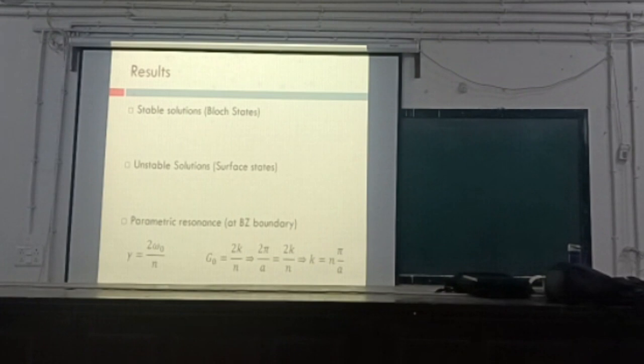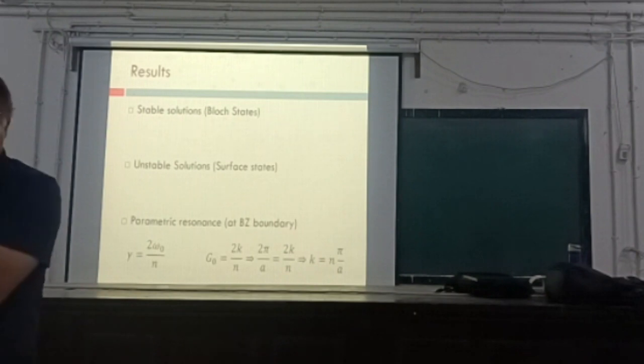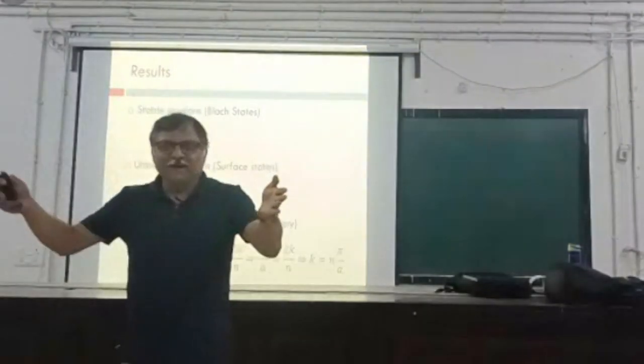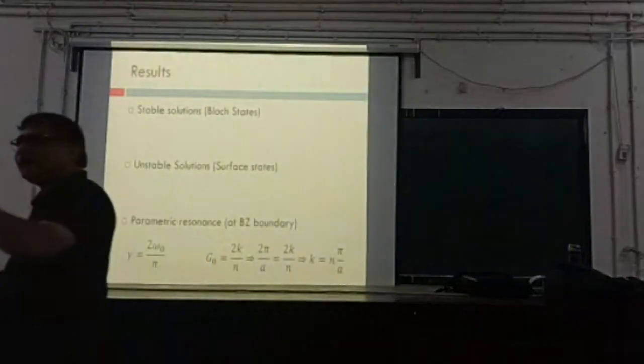The periodicity state in space, that role is played by k. So the equivalent relation is G0 is equal to 2k over n. Now what is G0? 2 pi by a. Plug in that value: 2 pi by a is equal to 2k over n. So what is k? n pi by a. Can you identify this? N pi by a, the zone boundary, plus minus 1. That is where you will get the unstable solutions.